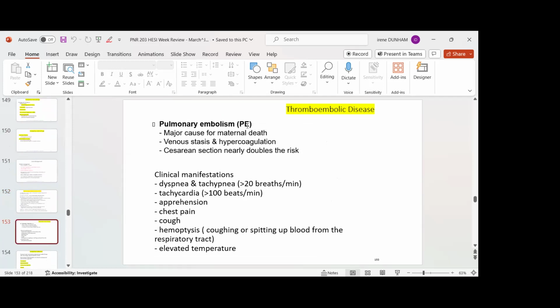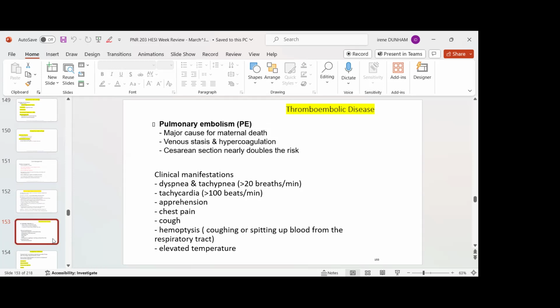Another problem is a PE, pulmonary emboli, and it's a major cause of maternal deaths. You have venostasis and hypercoagulation. And I tell you, cesarean section doubles the risk. Anytime you cut into the body, you can cause an emboli to go up. So what are you going to see? You're going to see tachypnea, tachycardia, apprehension, chest pain.